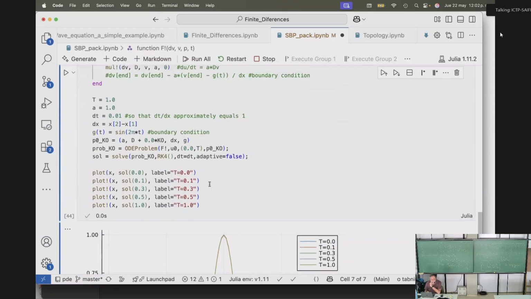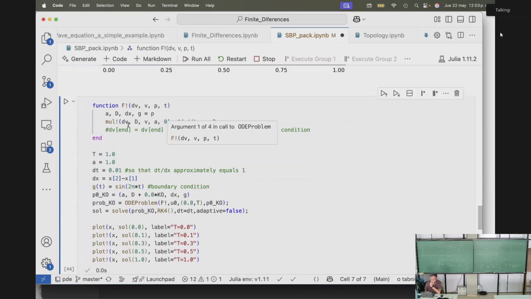Things are not moving, but I don't know why, because I'm doing multiplication here.